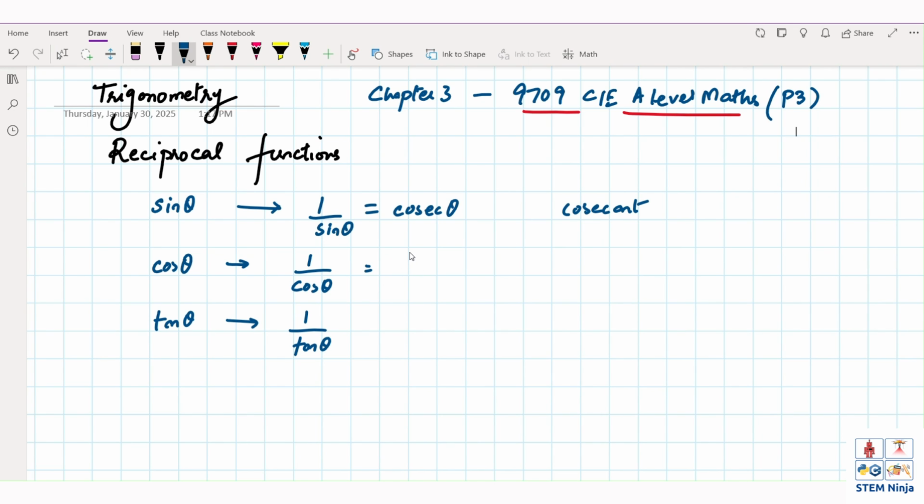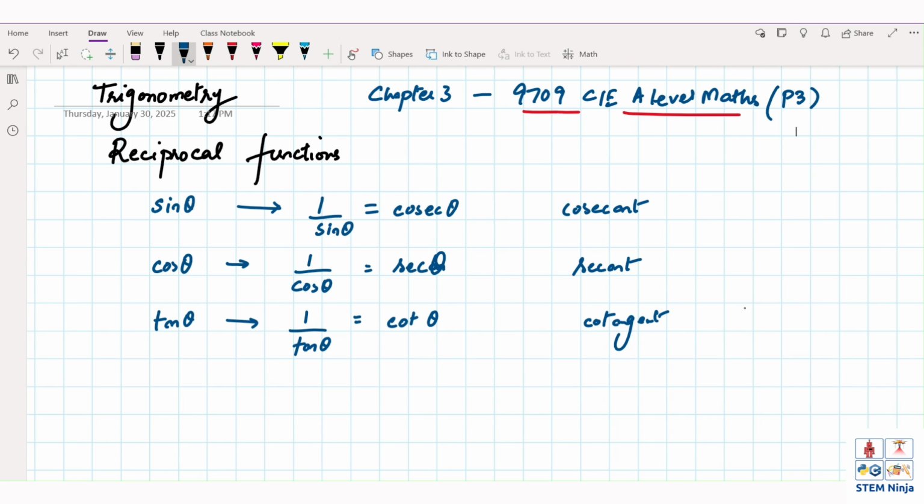Similarly, the reciprocal of cosine is the secant theta. So secant function. Similarly, the reciprocal of tan is cotangent of theta. So these are the ones that we have to know about starting this topic.